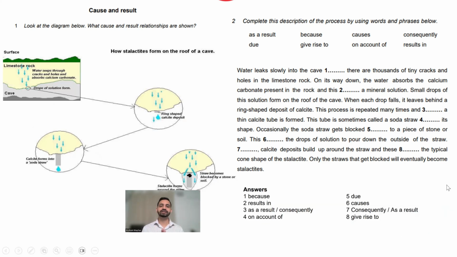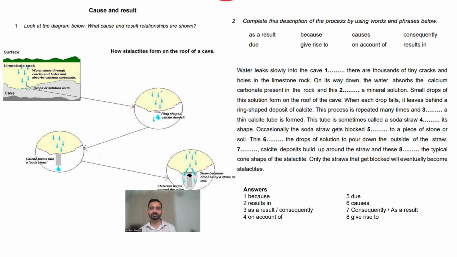All right, let's look at the answers now. So I'm going to read the whole article and then we'll find out the answers. Water leaks slowly into the cave because there are thousands of tiny cracks and holes in the limestone rock. On its way down, the water absorbs the calcium carbonate present in the rock, and this results in a mineral solution.